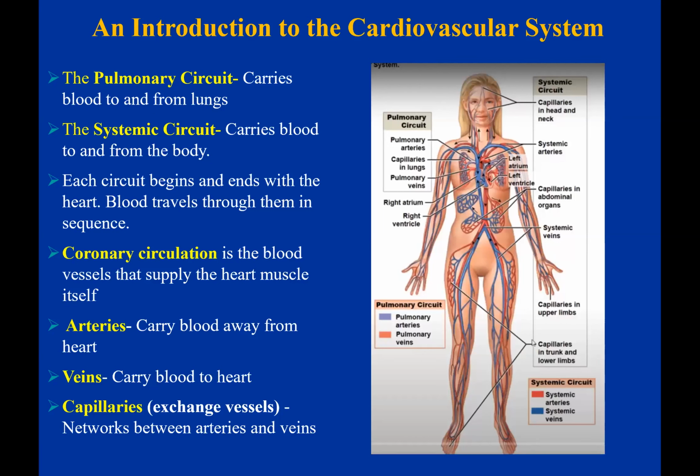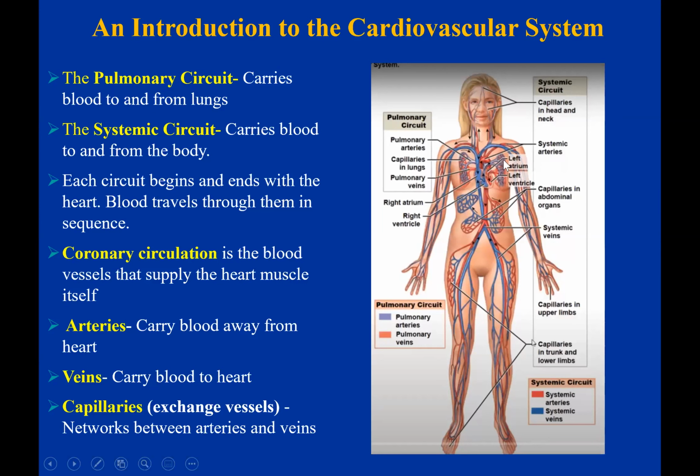In this slide, you can see circuit means it begins and ends at the same place. Here's the heart in the mediastinum of the thoracic cavity. The circuit or the blood supply that goes to the lungs is called the pulmonary circuit. It carries blood to and from the lungs.